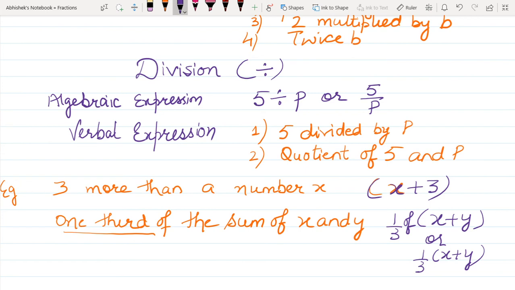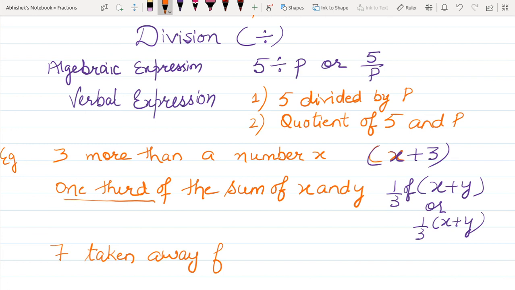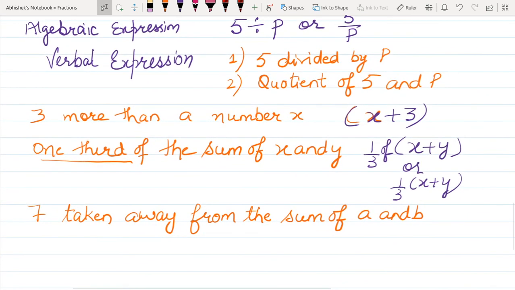So let's take one more example: 7 taken away from the sum of A and B. What will be its algebraic expression?